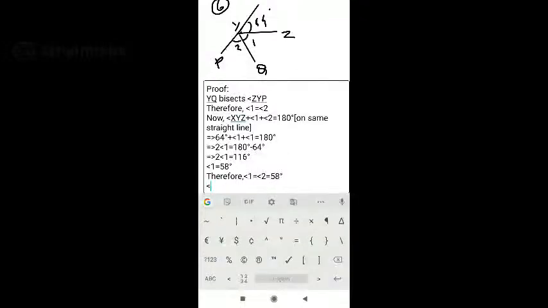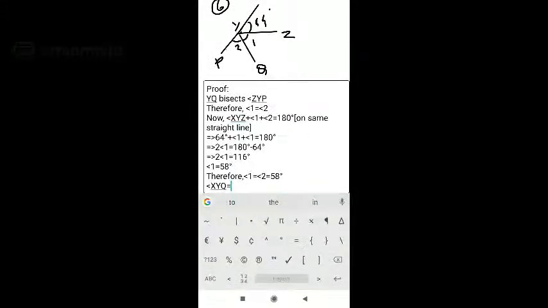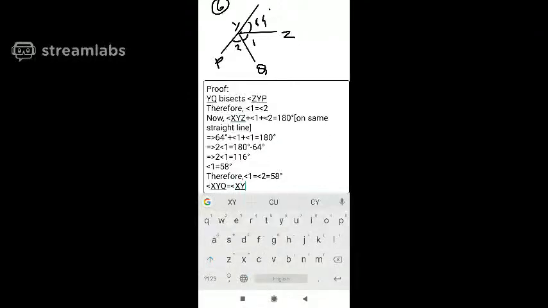We will write angle XYQ equals angle XYZ plus angle 1.